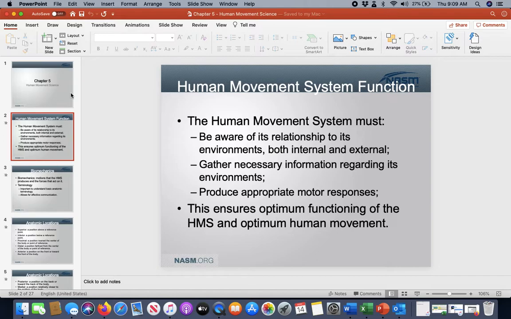So understanding where you are in space, meaning where your body is in terms of directionality, positioning, everything like that. That's really going to happen, because the next bullet is talking about the ability to get information that will create changes within your system.